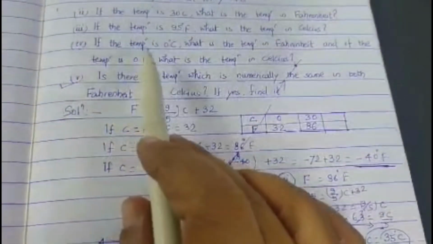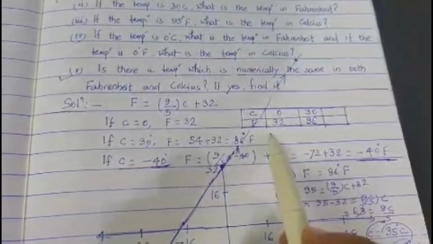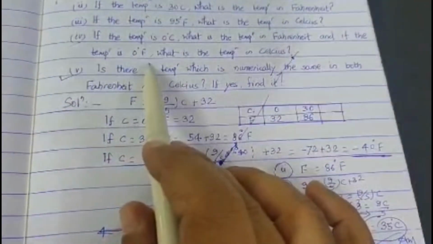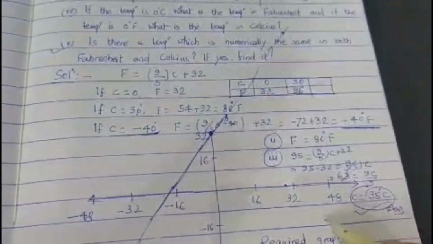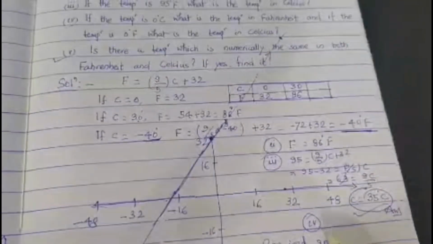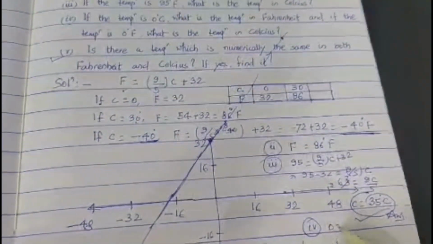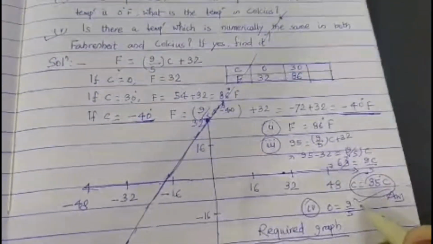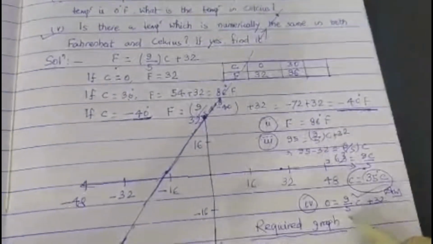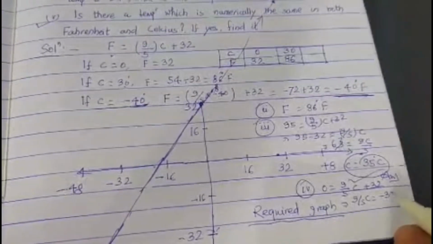The fourth one you have already seen. If the temperature is 0 degrees C, the Fahrenheit will be 32. And if the temperature is 0 degrees Fahrenheit, then what is the temperature in Celsius? Okay, so let's do the fourth one. Here Fahrenheit is 0, then what will be C? So 0 is equal to 9 by 5 C plus 32. This implies 9 by 5 C is equal to minus 32.